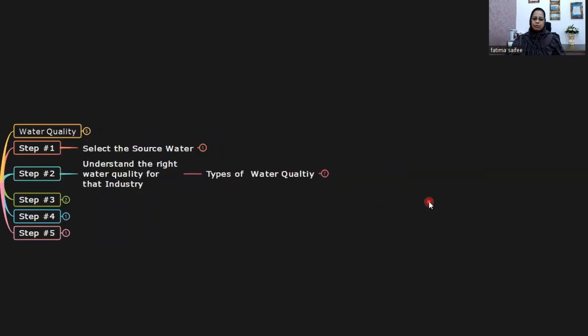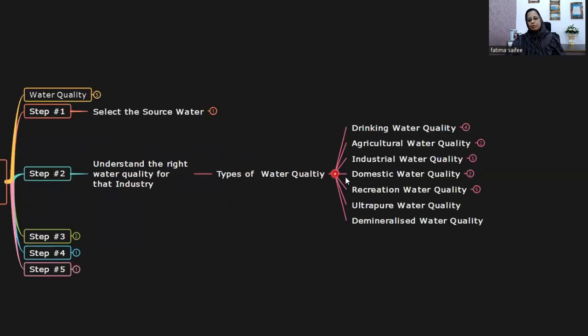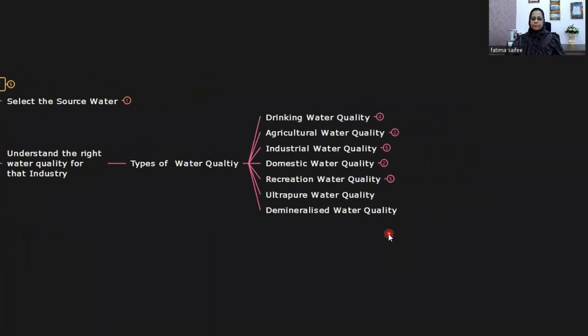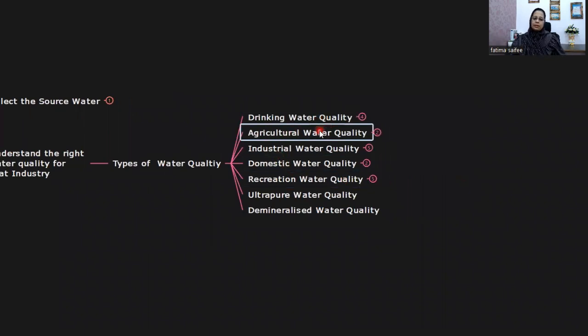There are types of water quality. What are the types of water quality? It can be drinking water quality, agricultural water quality, industrial water quality, domestic water quality, recreational water quality, ultra pure water quality, and demineralized water quality.